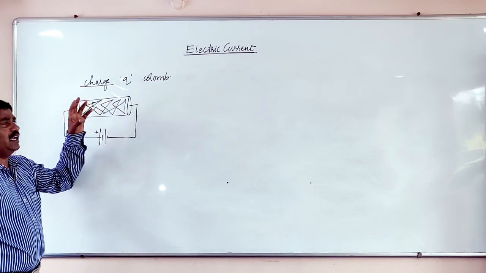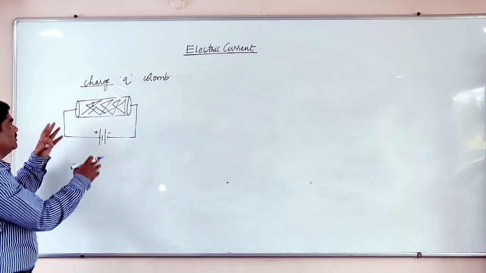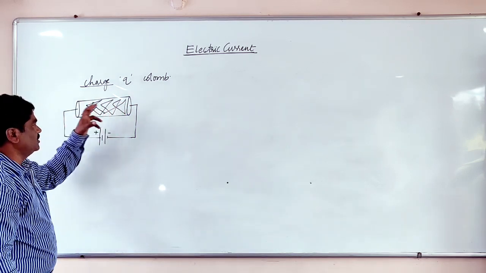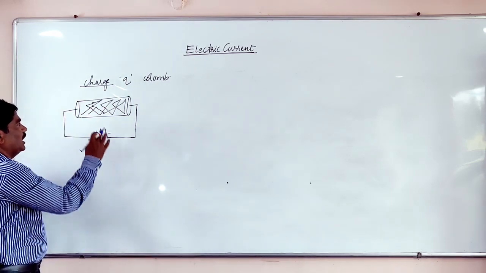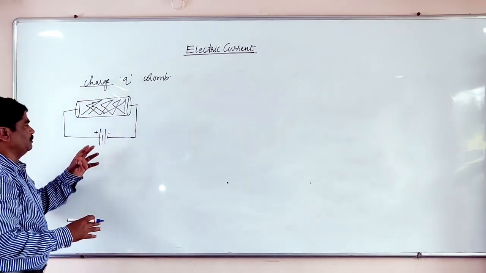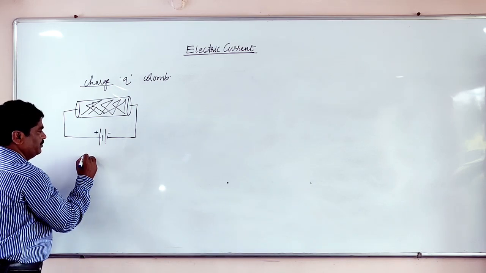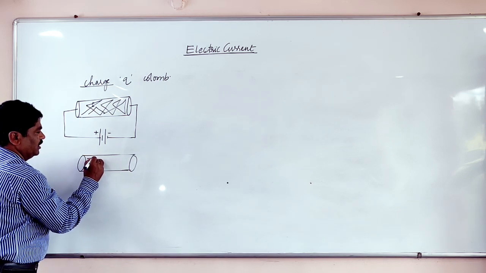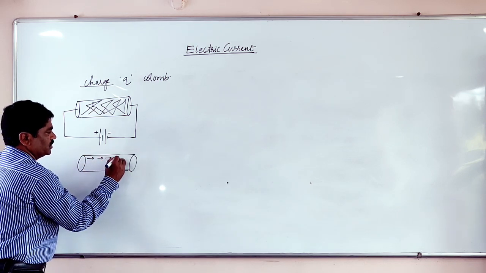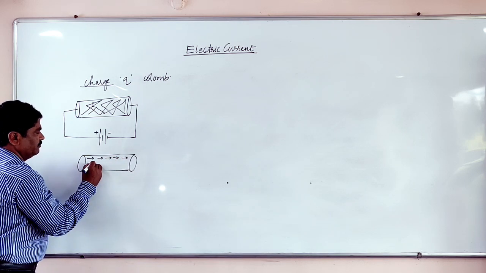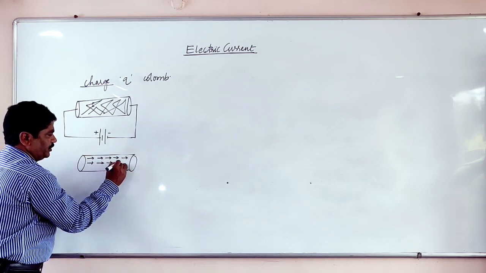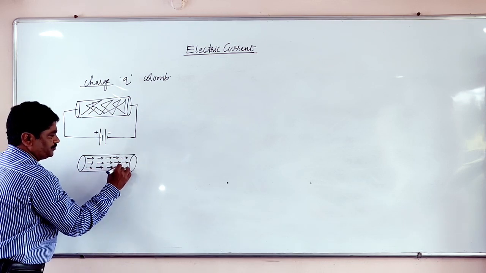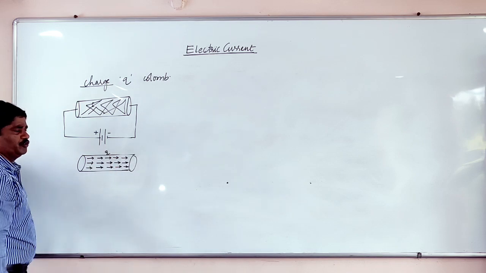This random motion of electrons will be regularized, because the terminals are polarized, one plus and the other minus. Thereafter the electrons in this conductor are set in a regular motion from one end to the other end. And this direction that we denote is nothing but the charge flow.